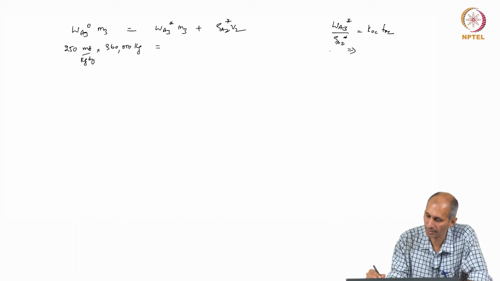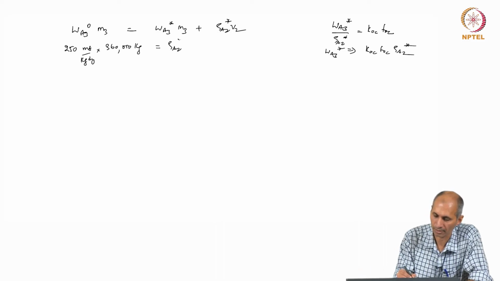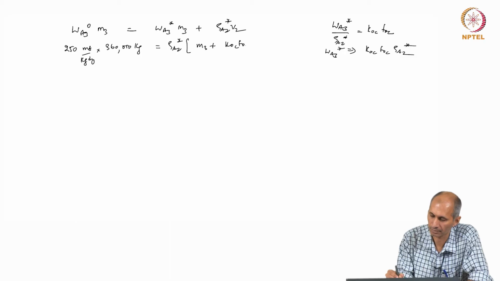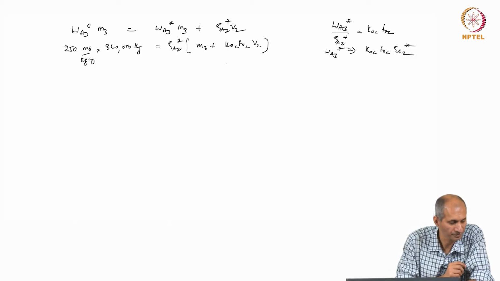Therefore, WA3 star becomes KOC FOC into rho A2 star. This is my equation for now.